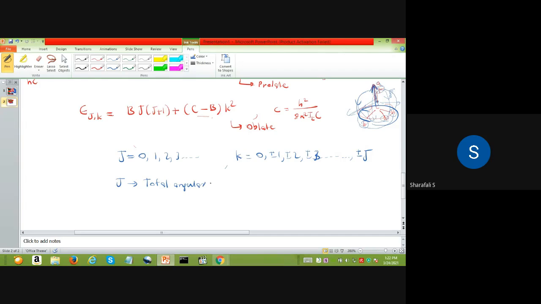J is the total angular momentum, because of all those rotations. And K is the projection of this total angular momentum upon the molecular axis, or molecular symmetric axis.